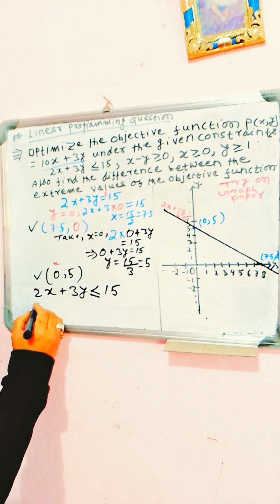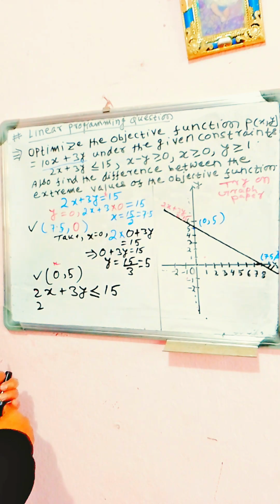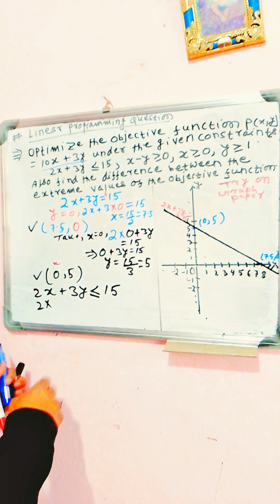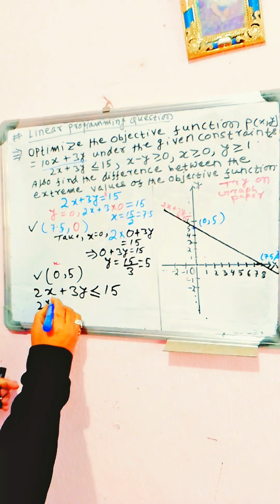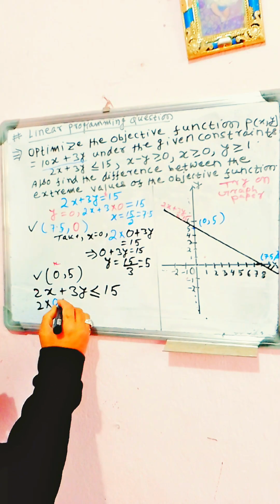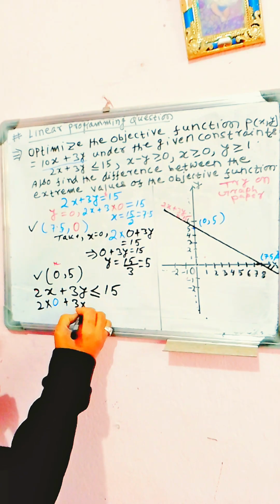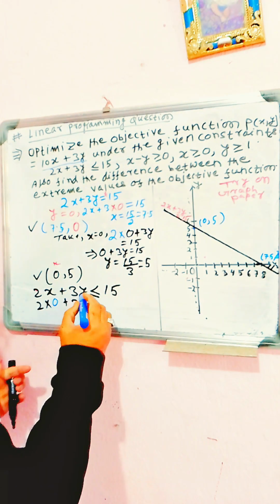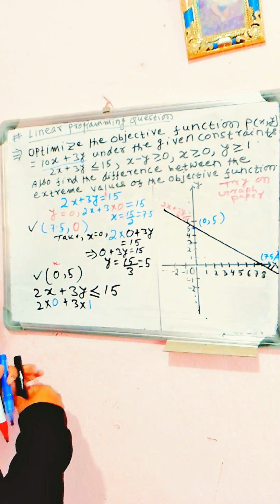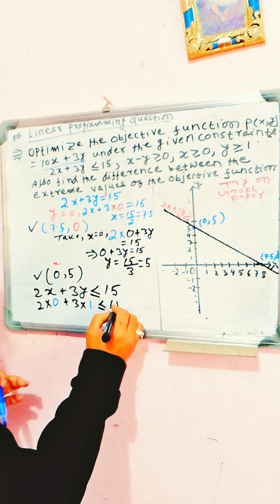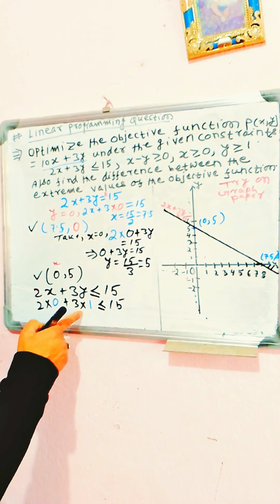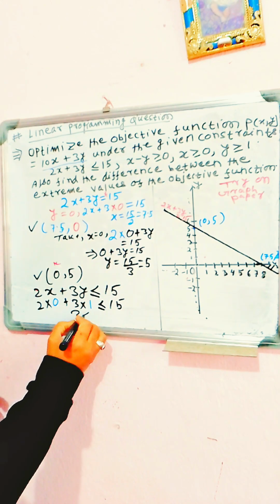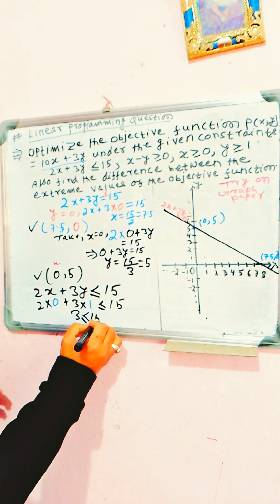So what you can do is 2 times the x value, suppose this is 0, plus 3 times the y value, and this is 1 at the boundary, so you can write 1, and then it is less than or equal to 15. So this is 0 plus 3 is less than or equal to 15.